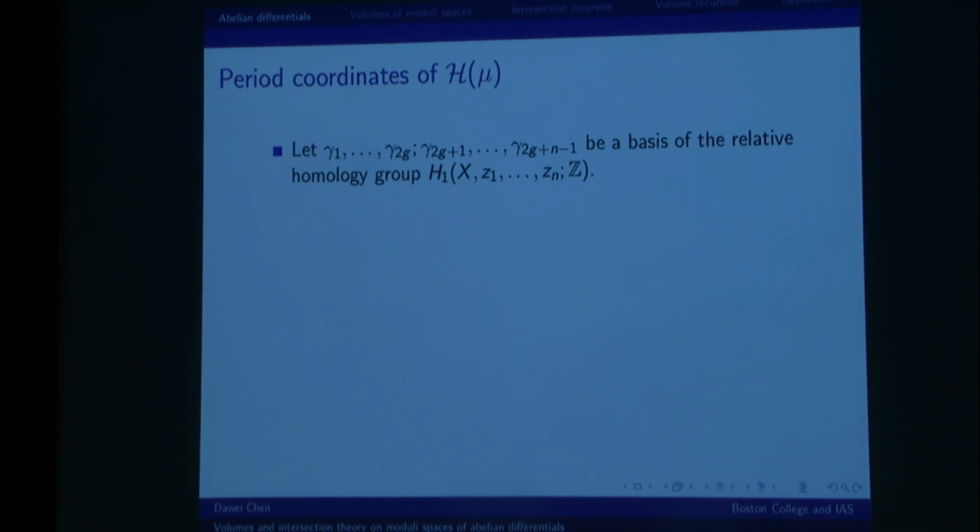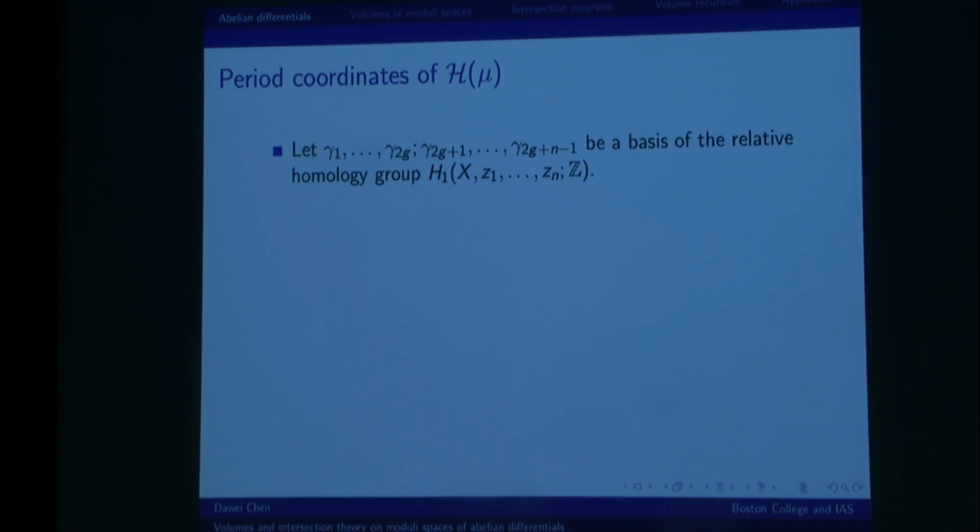And with these n points, the relative homology has additional n minus 1 paths connecting n minus 1 marked points to the last one or the first one. So the rank of this relative homology is equal to 2 times genus plus the number of marked points minus 1. You can easily compute it.